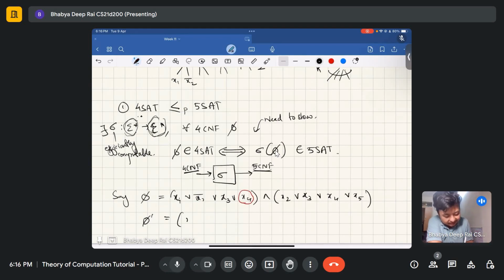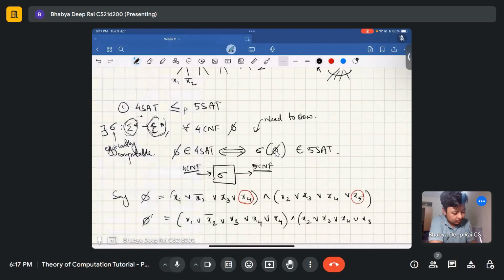So I'll write x1 or x2 bar or x3 or x4 or x4 again, I duplicate it, and x2 or x3 or x4 or x5. Pick any one. Let's choose the last one again, x5. Let's say I duplicate it, or x5. Duplicate any literal. This is what I get.